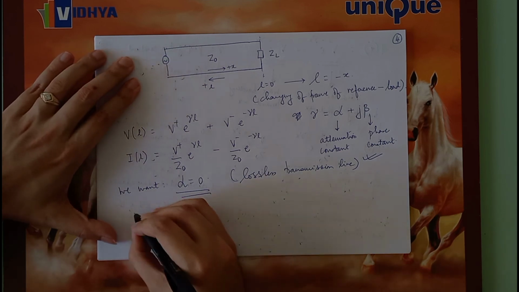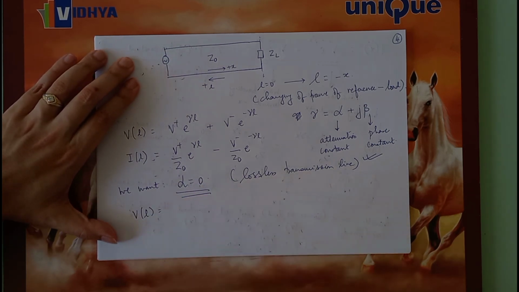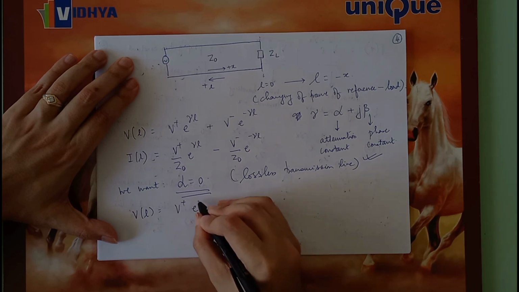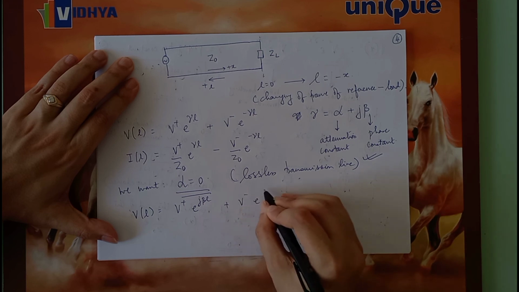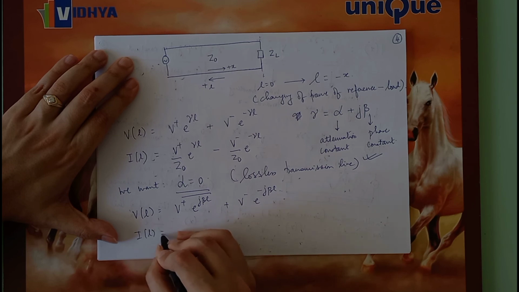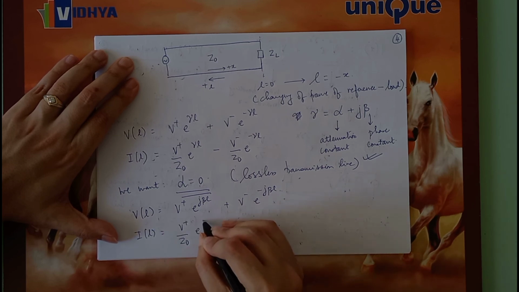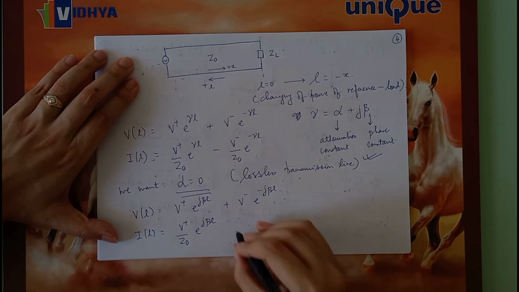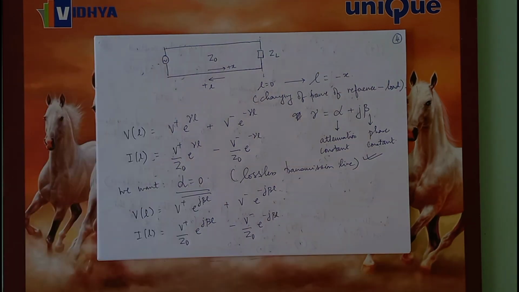So therefore, if alpha becomes 0, then what will V of L and I of L be? V of L will become V plus times e raised to j beta L plus V minus e raised to minus j beta L. And I of L is equal to V plus by Z0 e raised to j beta L minus V minus by Z0 e raised to minus j beta L. Right?